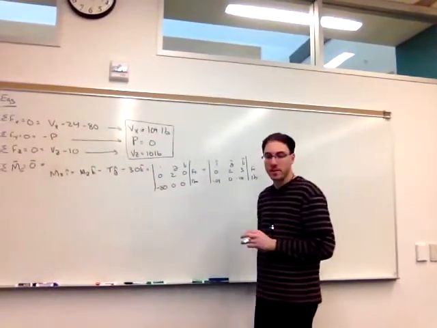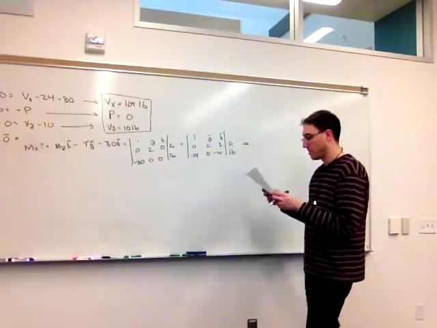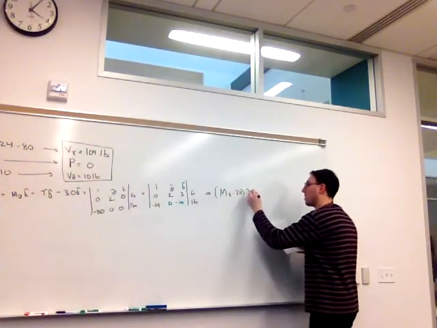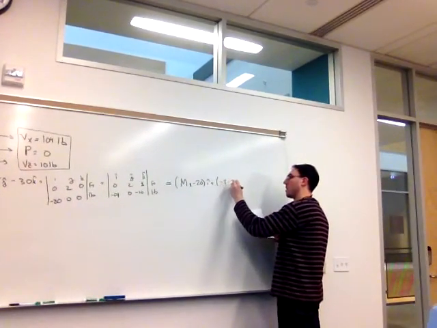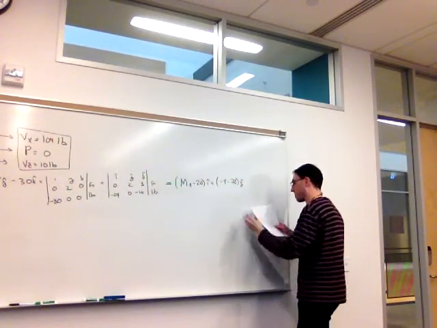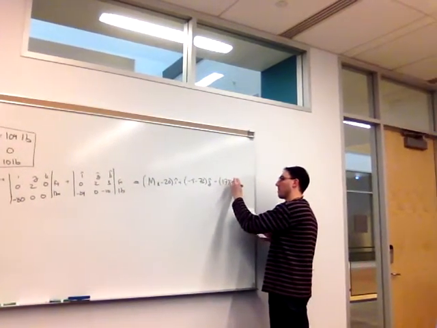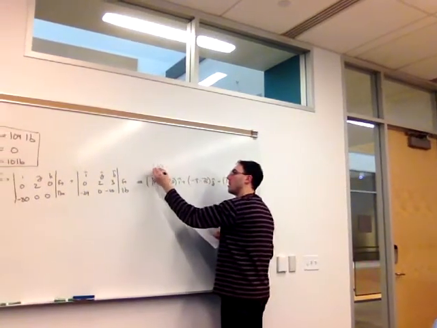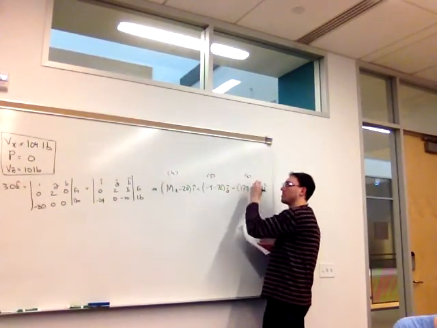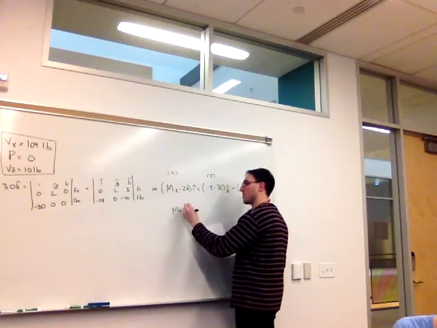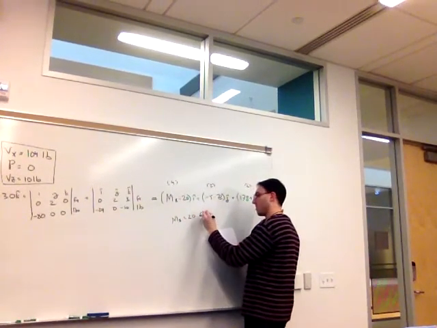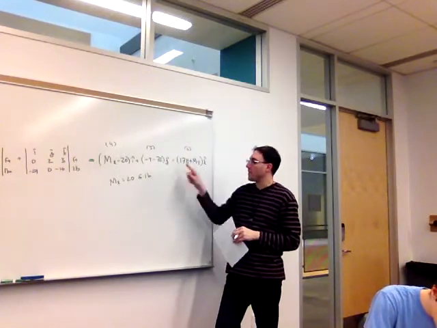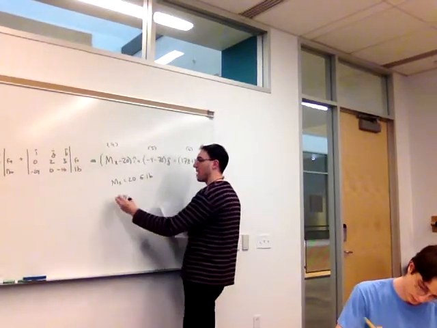If we expand out the determinants and group our like terms, grouping the like coefficients in front of the i, j, k, we'll get MX as positive 20 foot-pounds.